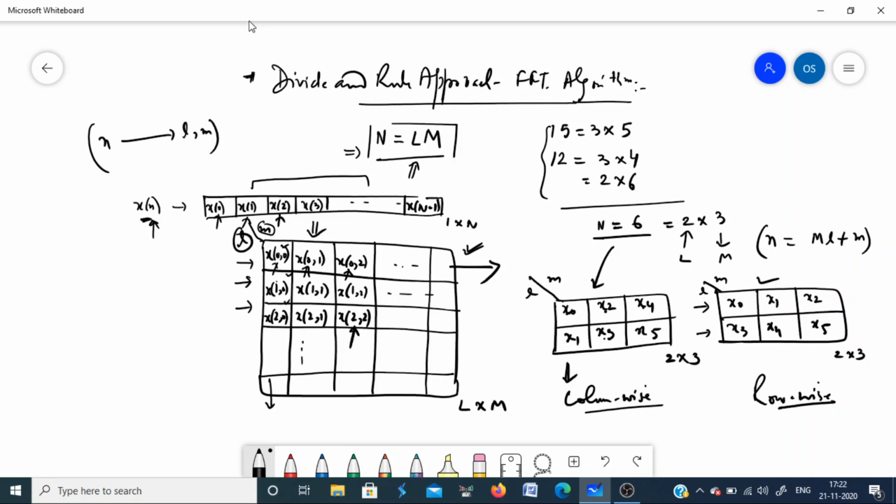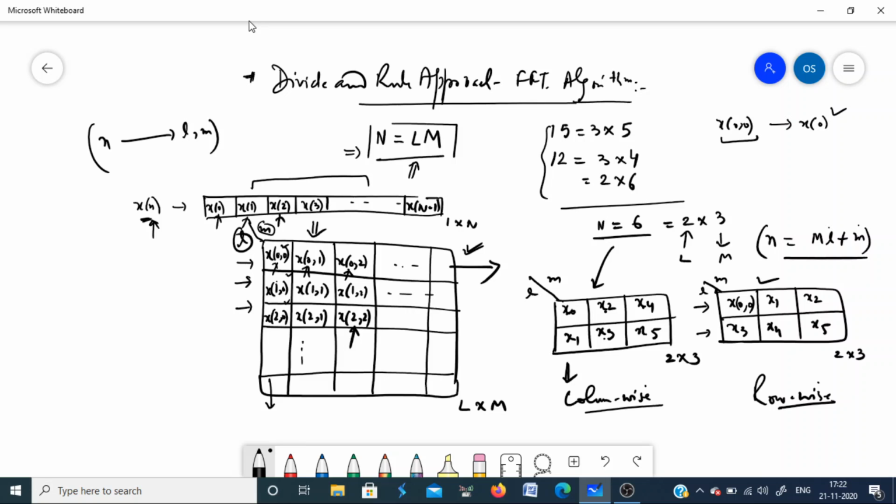You can verify it when l and m are zeros. For this case, this point is x of 0 comma 0. What will be n? n is 0. It means at x of 0 0, the data that is filled is x0.